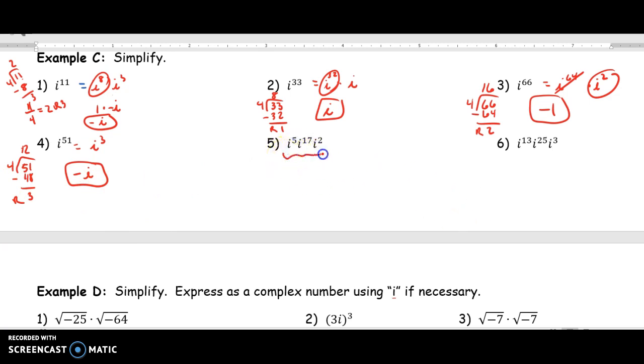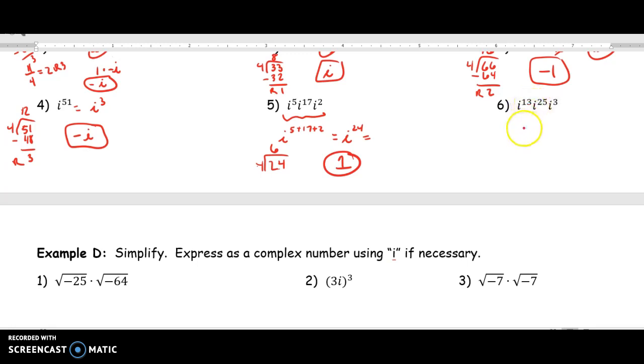So over here, what do I get when I multiply these all out? This is where I add the exponents. And that would give me 5 plus 17 is 22, plus 2 is 24. Now, what is 24 divided by 4? 6. So this basically comes out even, so your answer is just 1.